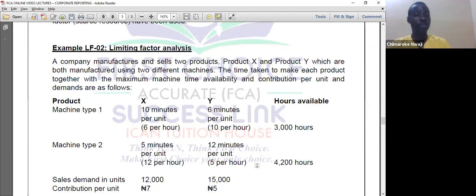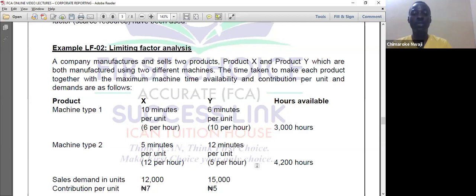We'll be using this question for this example again. A company manufactures and sells 2 products, product X and product Y, which are both manufactured using 2 different machines. The time taken to make each product together with the maximum machine time availability and contribution per unit and demand are as follows.